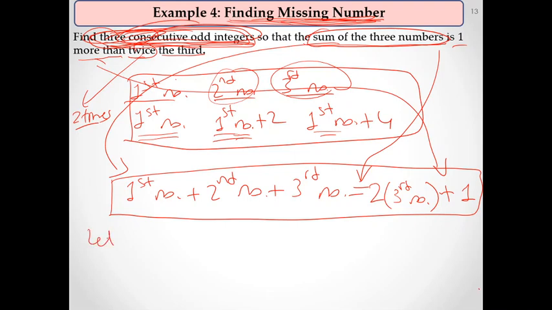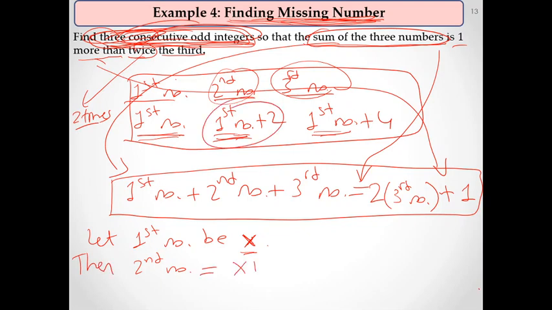Now, let the first number be x. Here it requires some experience, but you can see the first number is used, and it's better we use x for it. So the first number is x, the second number is x plus 2, and the third number is x plus 4.